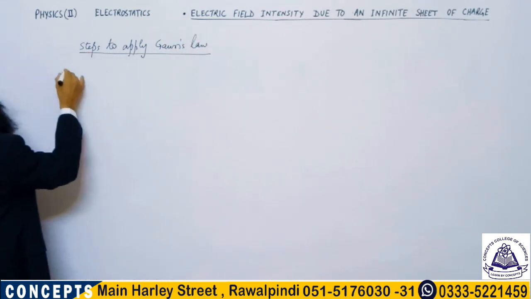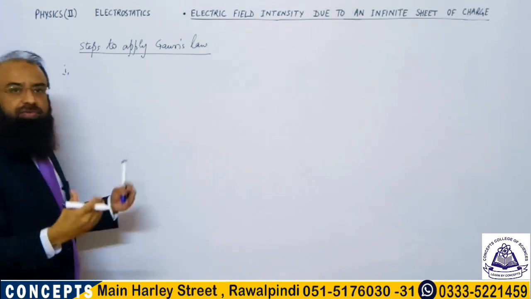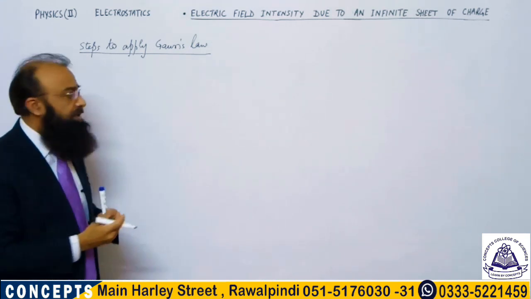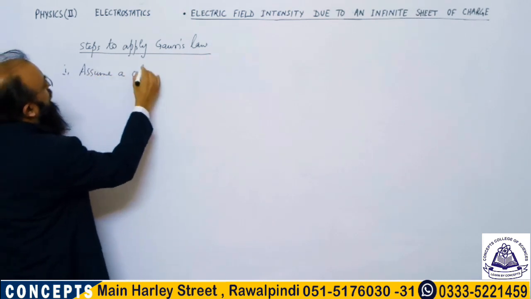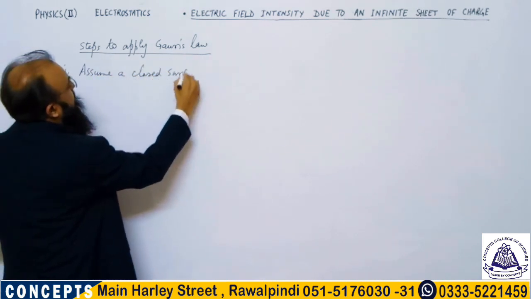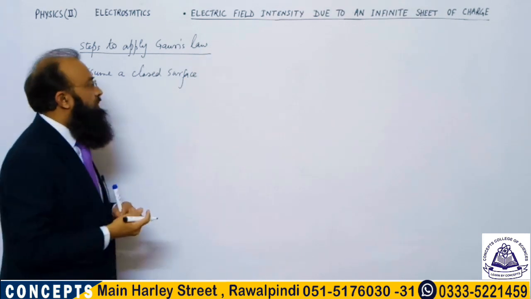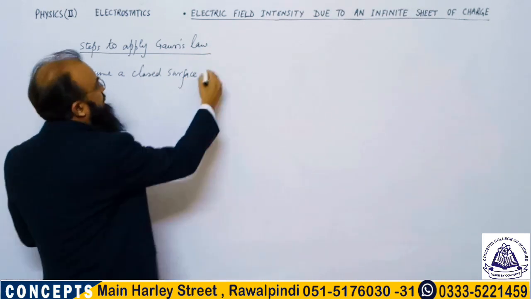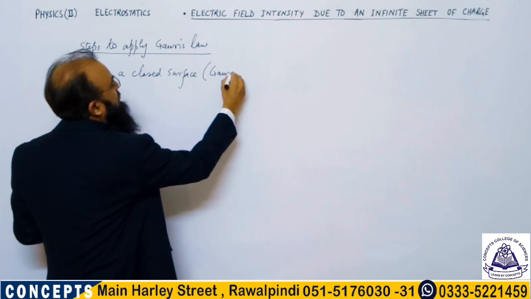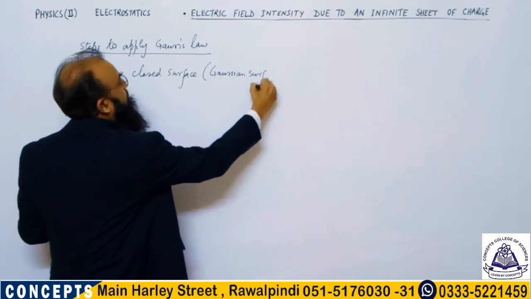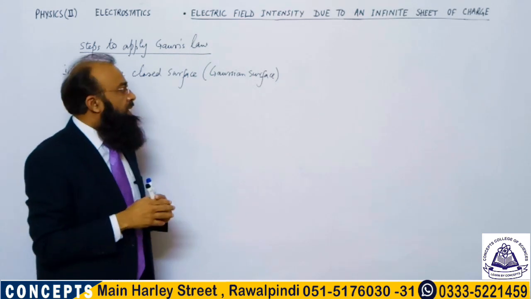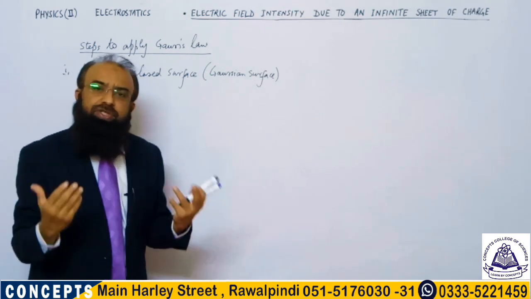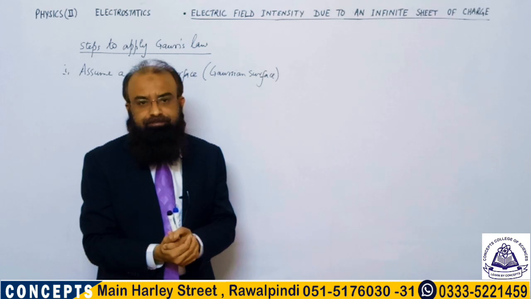The first step is to assume a closed surface. We name this closed surface the Gaussian surface. And what should be the shape of this closed surface?